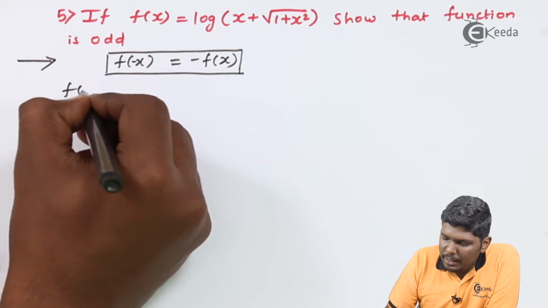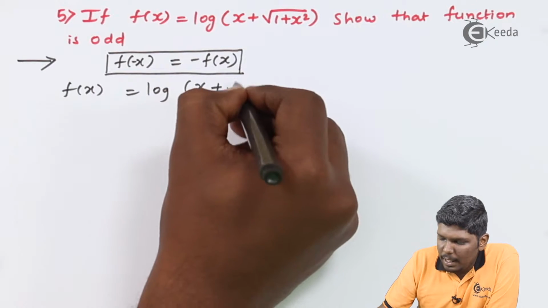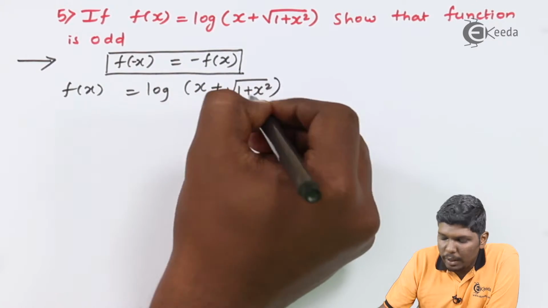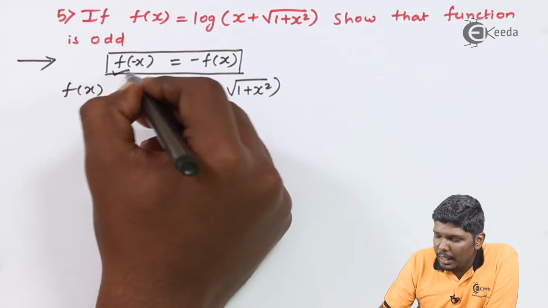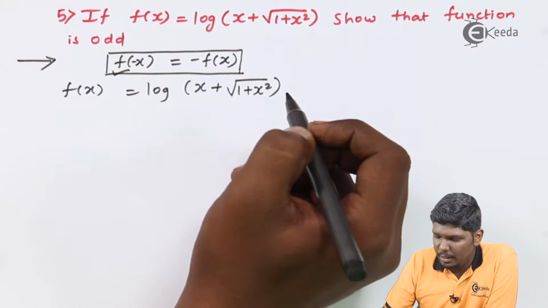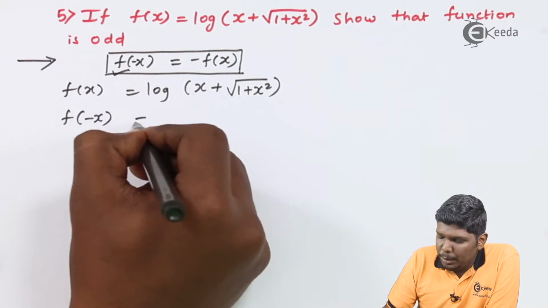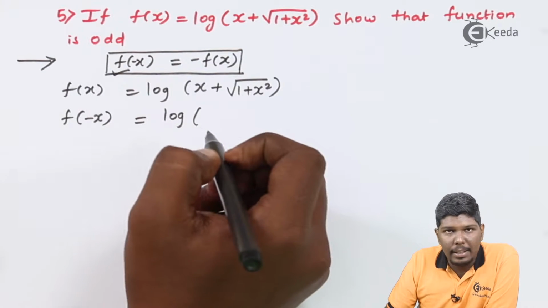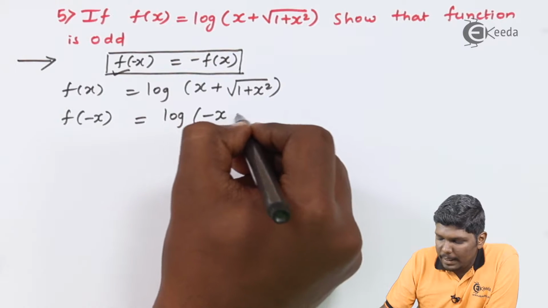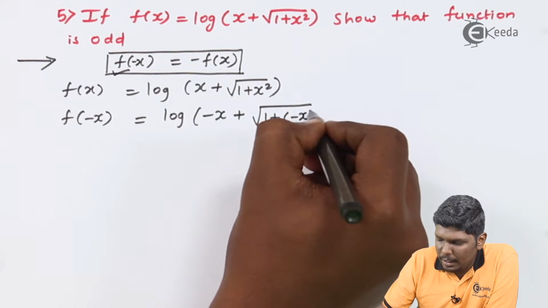To check whether the function is odd or even, we are going to use this test. We have f of x written as log of x plus under root 1 plus x square. First we'll require f of minus x and then we'll check whether it is equal to minus f of x. So in f of minus x, wherever there is x, we'll get minus x. So it will be log of minus x plus under root 1 plus minus x the whole square.